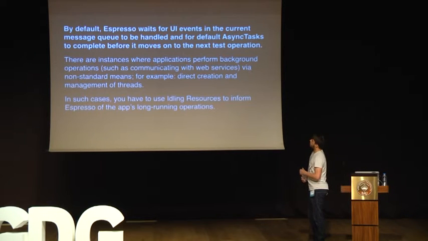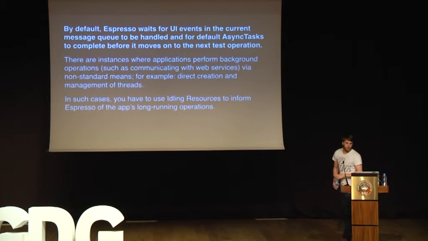But Espresso is not super smart. It's going to move on to the next step if there are no events in the current message queue. That's why your Espresso tests will just wait when you have the spinner, because there's some event message in the queue. And for default async tasks as well. But I hope you guys don't use AsyncTask anymore.